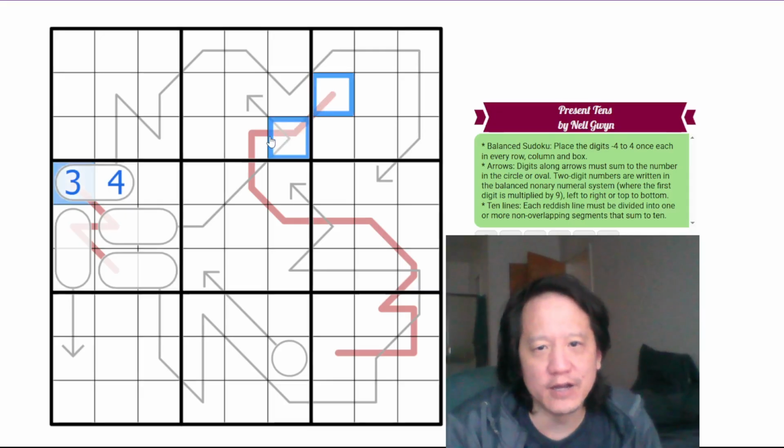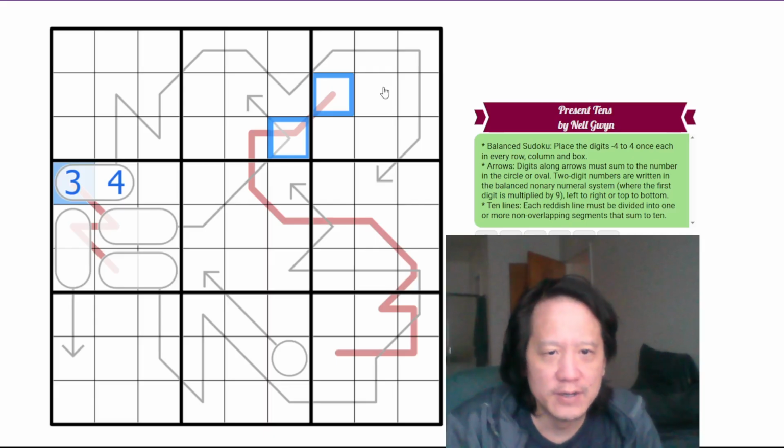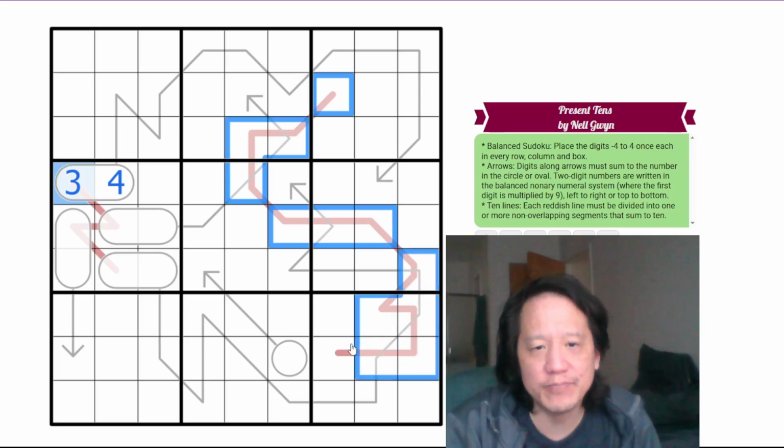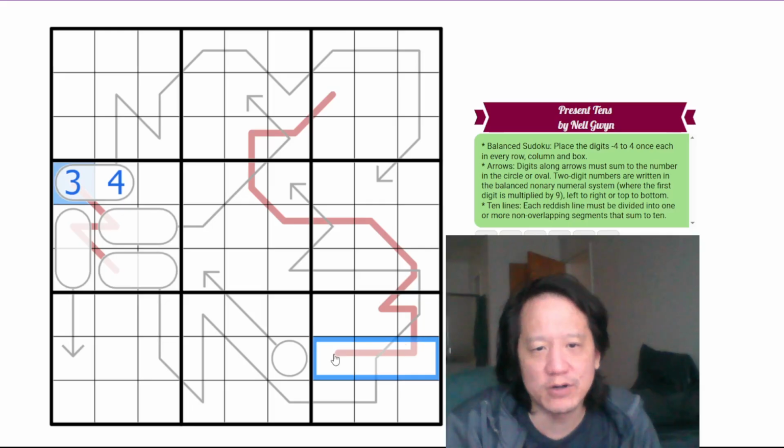So basically, I guess I should explain 10 lines a little bit. It's a little weird with the balanced Sudoku. But basically, you have to divide every tens line into segments which add up to 10. It could technically be the entire line, right? But every cell that's part of the line must add up to 10.